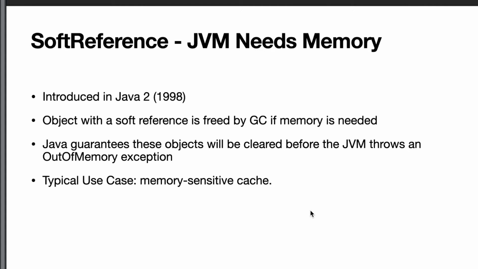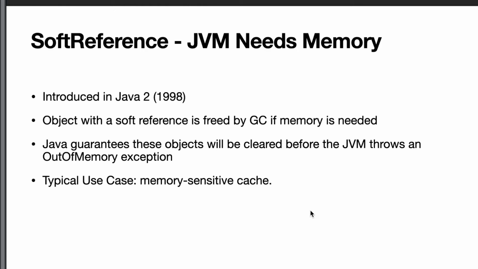But here we see that with a soft reference, even if an object is referred to by a soft reference, the garbage collector will remove it if the memory is needed. And this is why it's called a soft reference. What Java guarantees is that these objects will be cleared by the JVM before the JVM itself throws an out-of-memory exception.